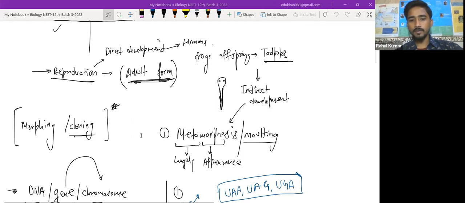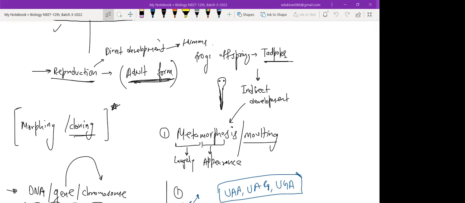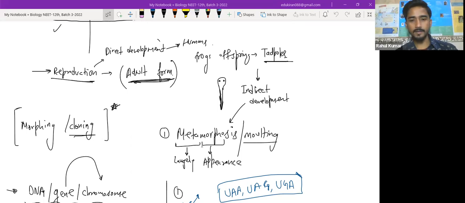Arpit, would you like to tell what was metamorphosis or molting? It was associated with indirect development, but how? Arpit, you're there? What is metamorphosis or molting?